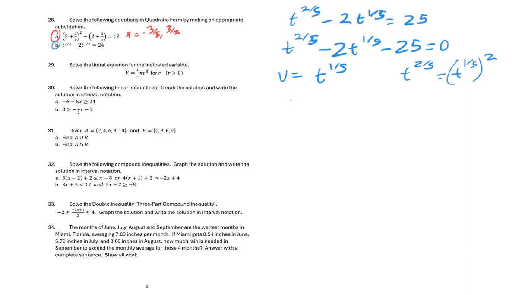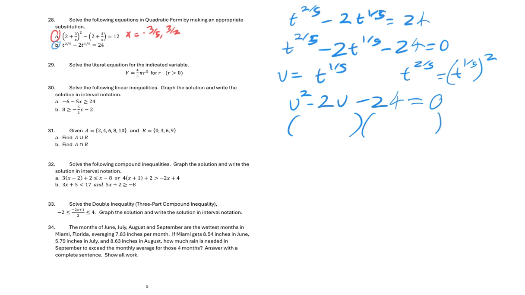So we're going to have u² − 2u − 24 = 0. Oh, not 25, this has been 24 this whole time. That makes it a little bit easier.